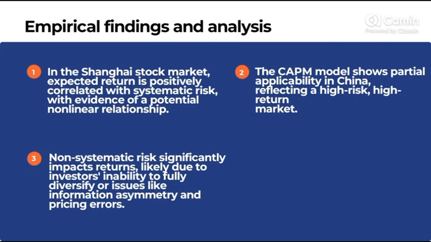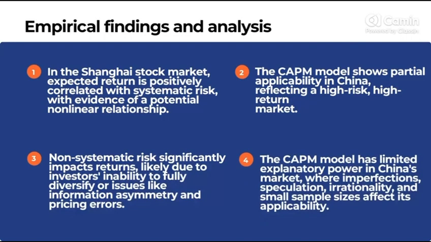Non-systematic risk significantly impacts returns, likely due to investors' inability to fully diversify or issues like information asymmetry and price errors. Last, the CAPM model has limited explanatory power in China's market, where imperfections, speculation, irrationality, and small sample size affect its applicability.